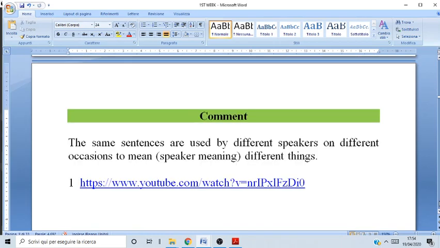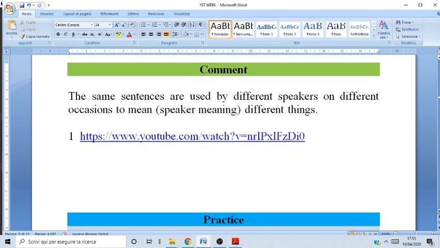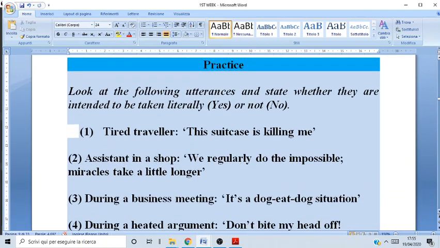And plus, the same sentence used by different speakers can have different meanings. We looked at exactly the same sentences at the bus stop and in the husband and wife conversation, and we said they had totally different meanings. Now, let's continue with the unit about semantics.